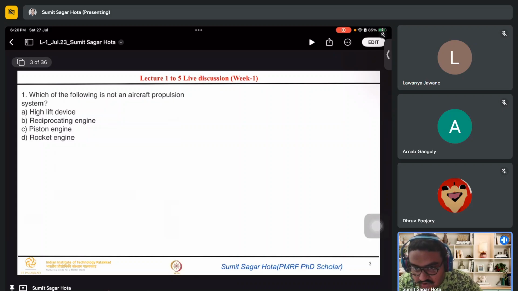So which of the following is not an aircraft propulsion system?